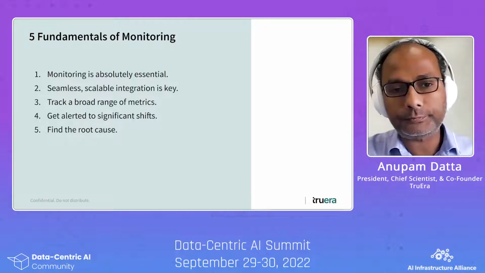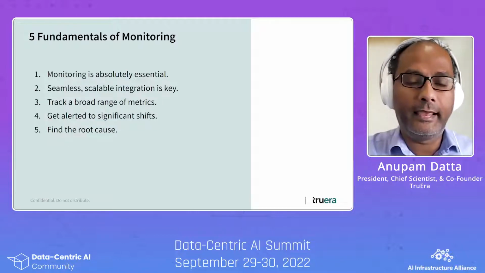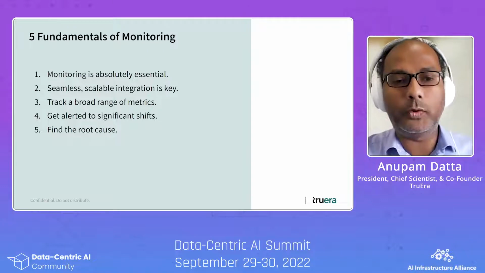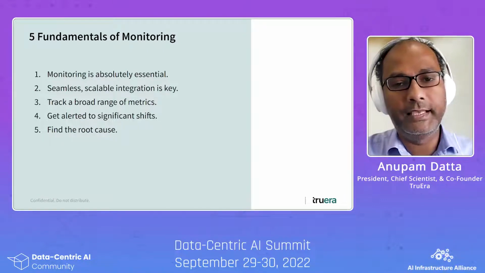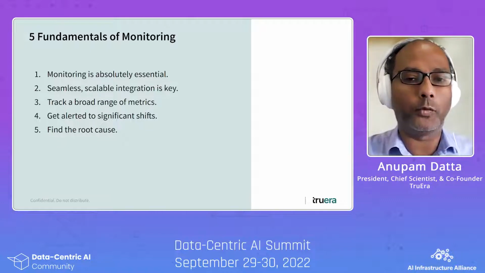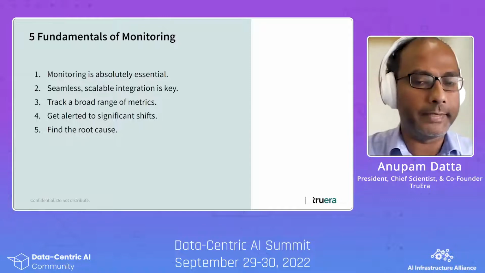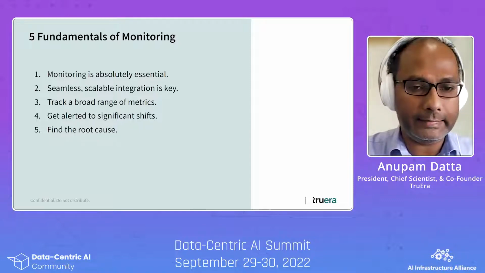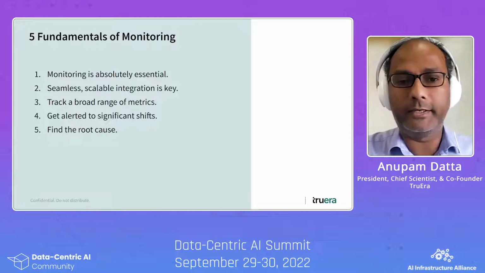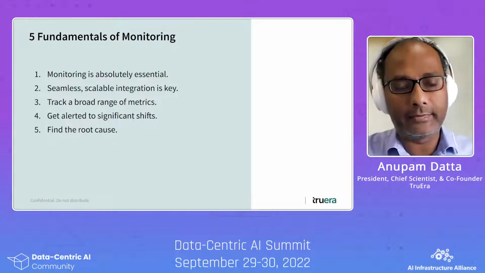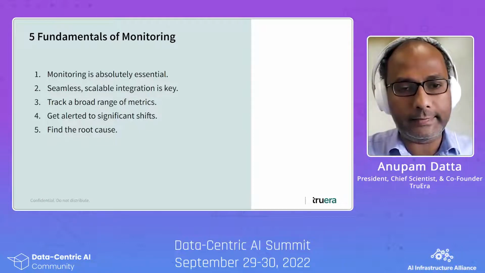Number 4, now that you're tracking lots of different metrics across your data and models, you want to get alerted only when there are significant shifts so that you can focus your attention on what truly matters and impacts the model's performance and your business and responsible AI KPIs. Finally, you want to be able to find the root causes when you get alerts so that you can act on that information and make adjustments to your data and models.